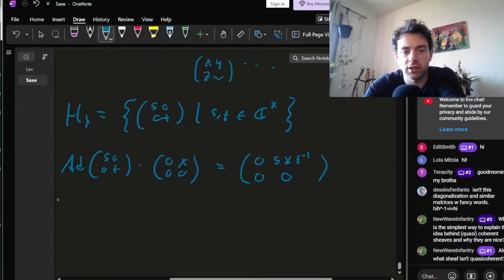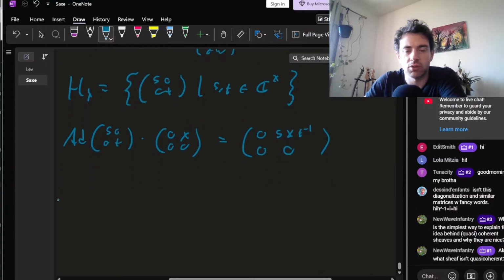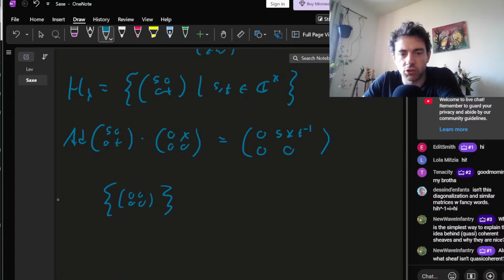And so clearly, if x is 0, this can only ever send it to 0. So certainly the 0 matrix is indeed its own orbit. And then if x is any, s and t are allowed to be any non-zero complex numbers. So if x is not 0, we can divide by x.